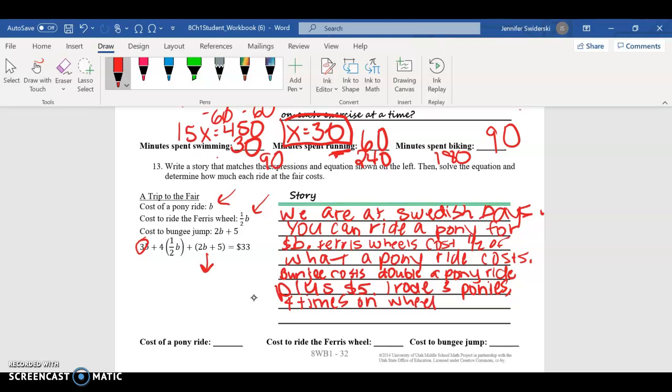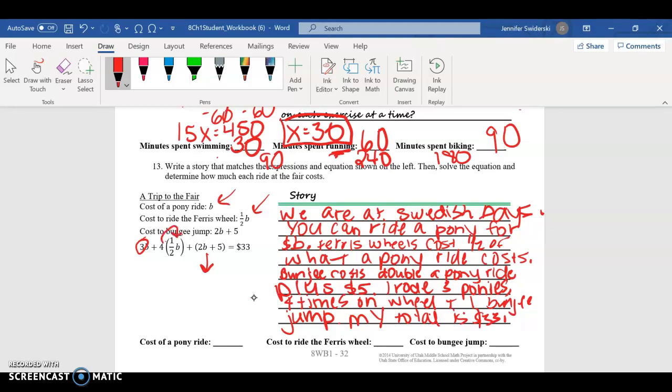Well, a lot of you are saying bungee jumping. How many times did they bungee jump? Just once. And 1 bungee jump. My total is $33. So what I want you guys to do is to solve this equation.